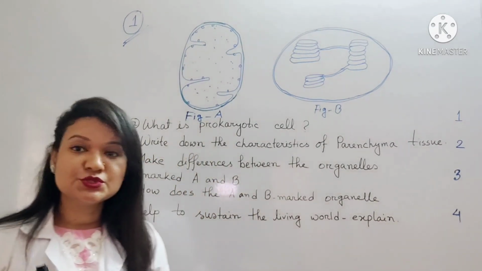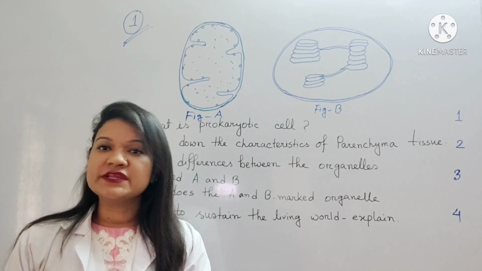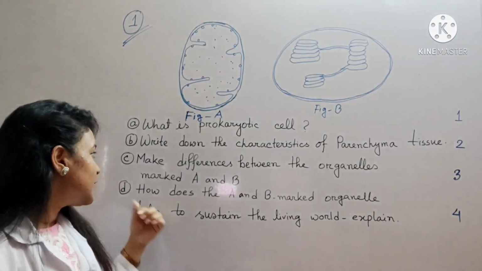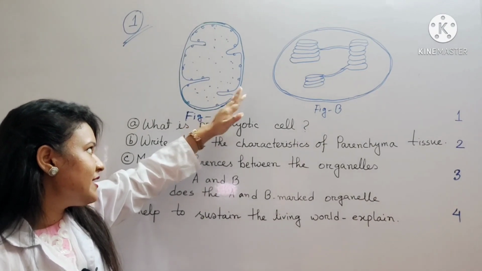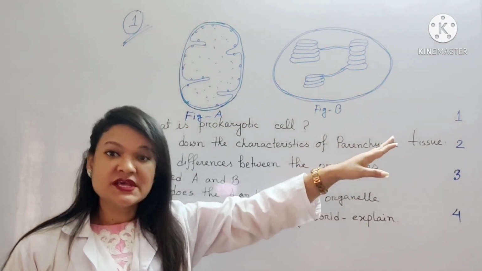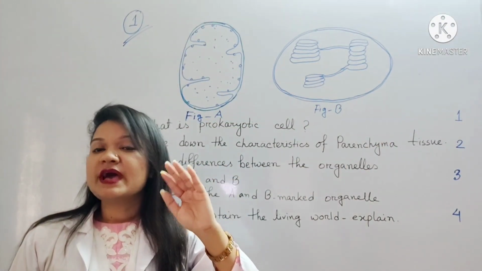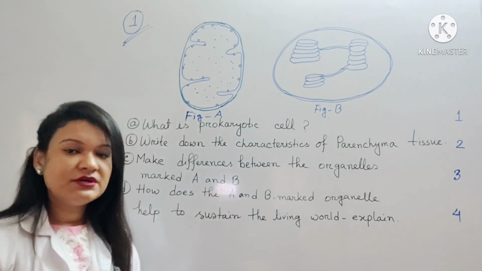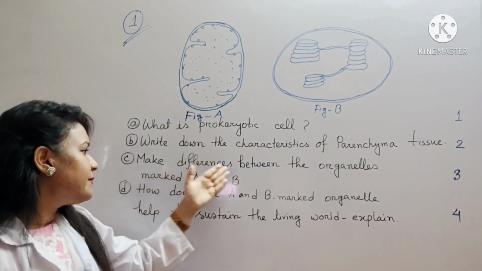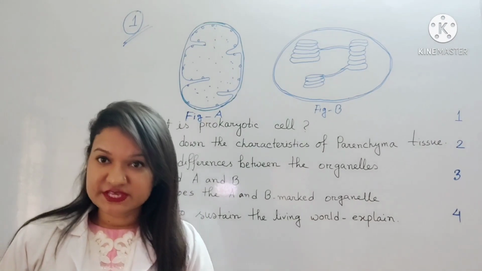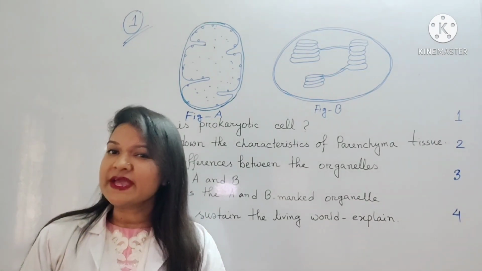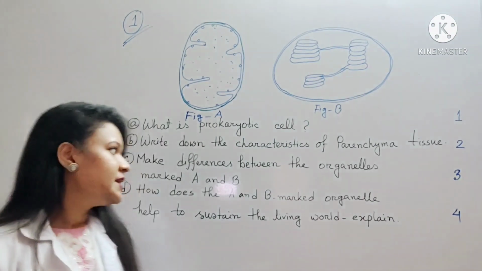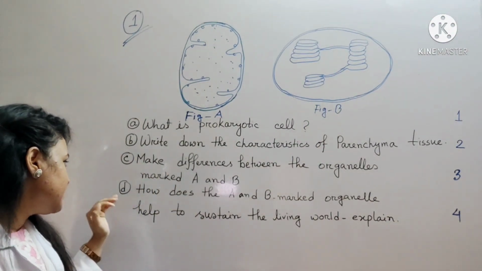If you want 3 marks fully, first of all you have to write that figure A is actually mitochondria and figure B is chloroplast, and this is your knowledge base. And then you will go to the differences and you have to write 6 differences for 3 marks. Then you will get 3 marks very easily, and this is the application based question.